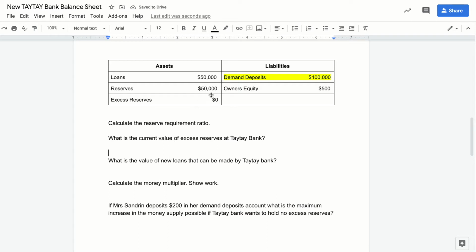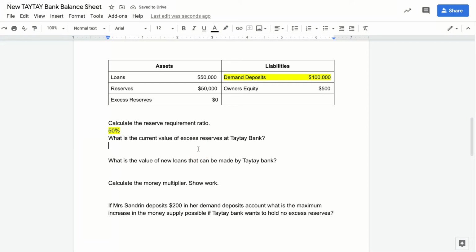So if we have $0 in excess reserves and $50,000 in our reserves, that means we have $50,000 in our required reserves. $50,000 is half of $100,000, and that means that our reserve requirement ratio has to be 50%.